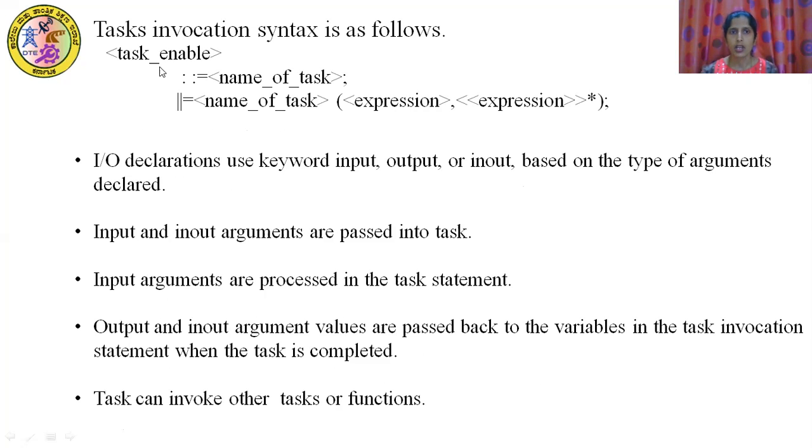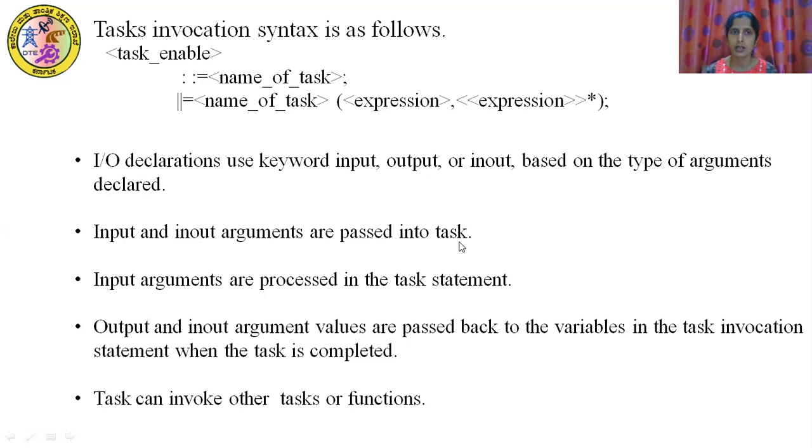In the task invocation statement, which begins with the name of the task followed by the input and output arguments, the input and output declarations use the keywords input, output, or inout based on the type of arguments declared. Input and inout arguments are passed into the task.